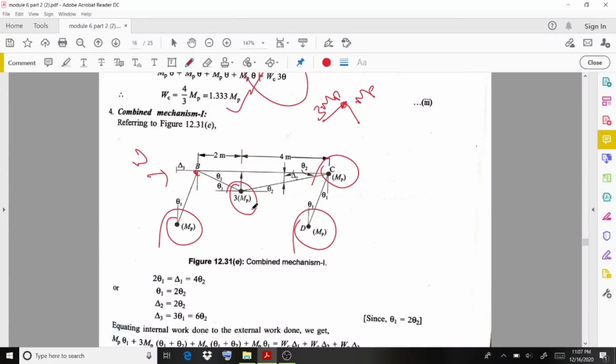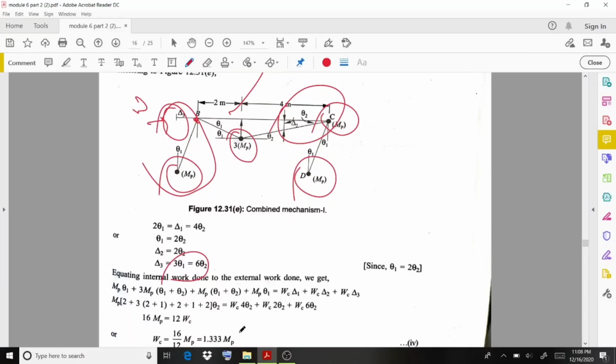And in this case there is a delta 3 value here, here it is delta 1 and here it is going to be delta 2. So 2 theta 1 equals delta 1 equals 4 theta 2. Then delta 2 equals, considering this triangle. Then delta 3 equals, considering this triangle.